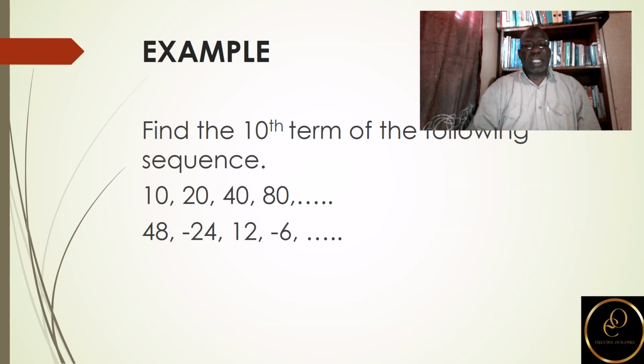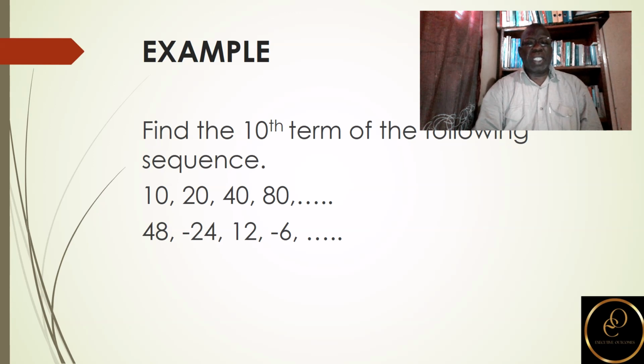So what is it then? Then use another test. Let's look at 10 and 20. So 20 is a double of 10. So it means that 10 is multiplied by 2 to obtain 20. Let's look at 20 and 40. Again, 40 means you doubled 20. So 20 was multiplied by 2 to get 40.